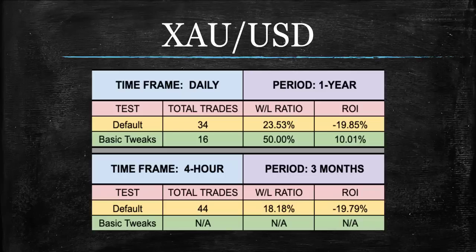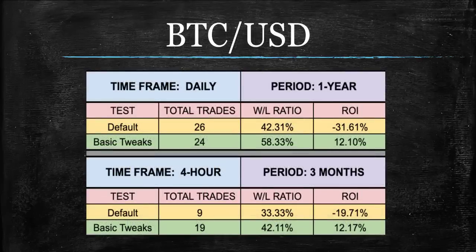Is what it is. Now on to Bitcoin. Better results after the tweaks, and still gives you what I think is a decent number of trades for the year, especially if that number goes down after you start adding other indicators and you trade other pairs, which you should. I thought these results were pretty ugly to begin with, but with a little bit of effort, you can make them a lot better right away.